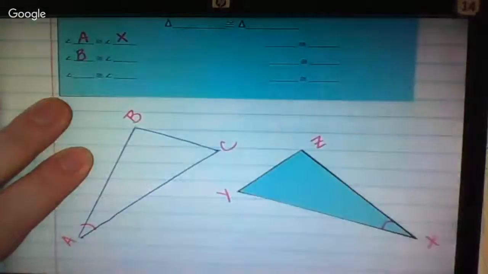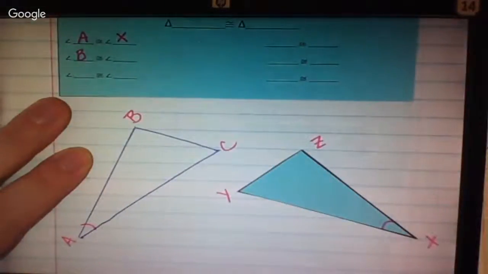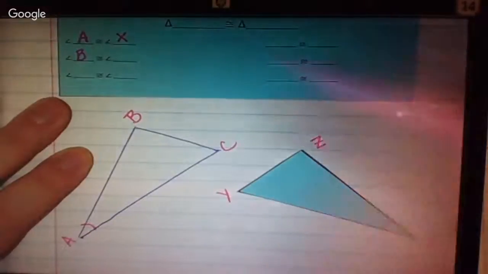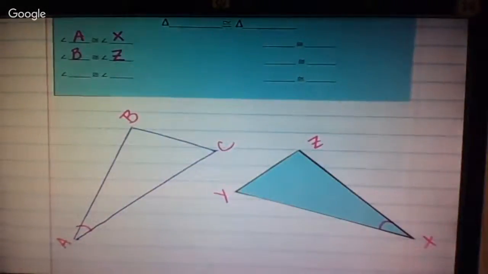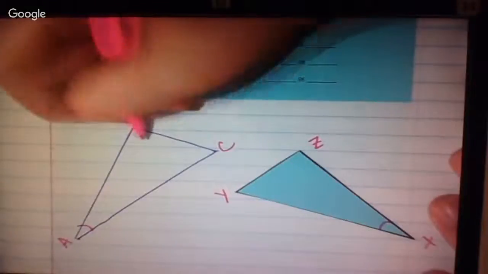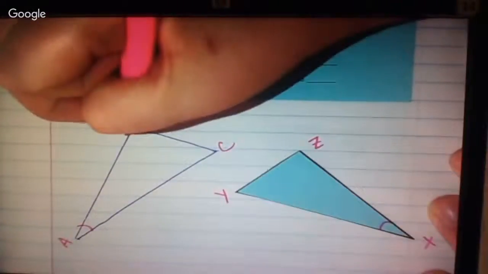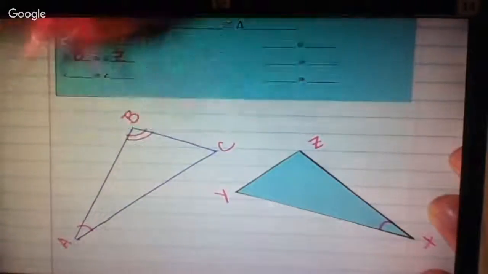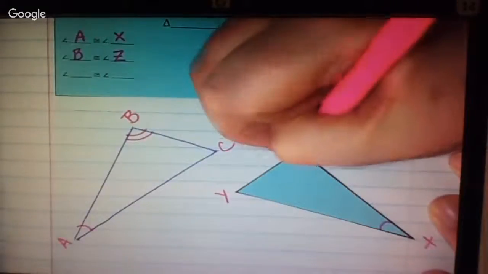Okay. Angle B is congruent to angle Z. That is flipped. It was reflected. Okay. To mark the second angles, instead of having 1, they're going to put 2.